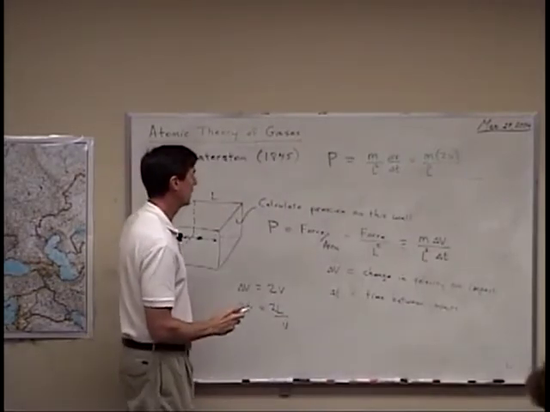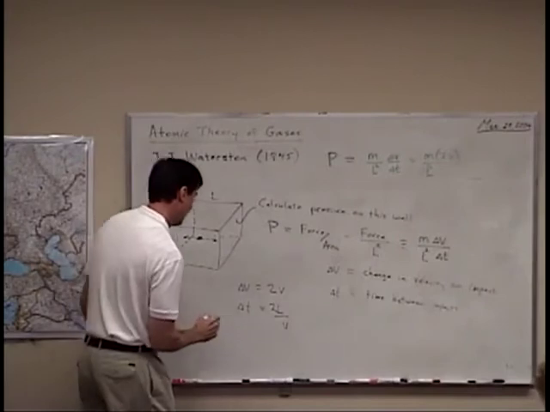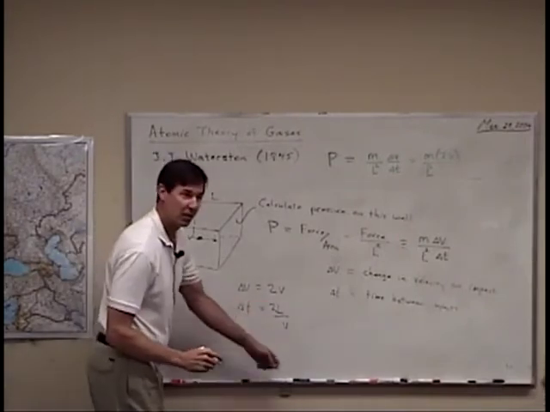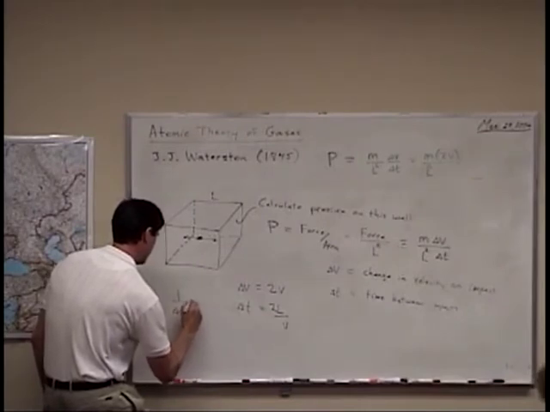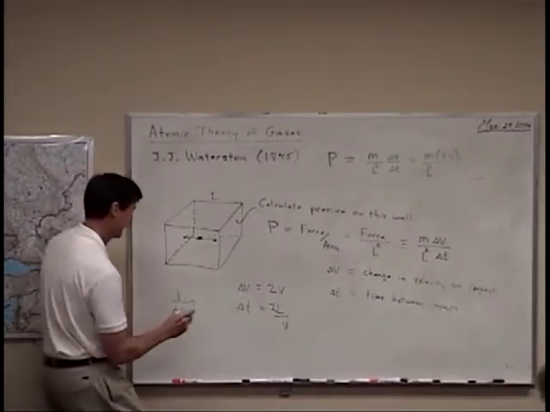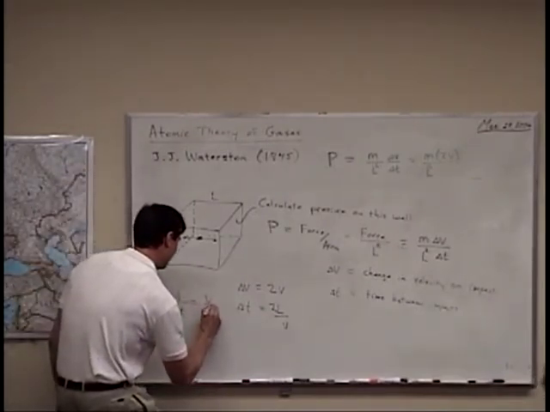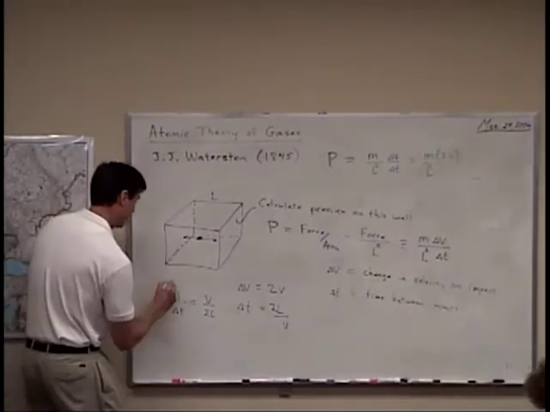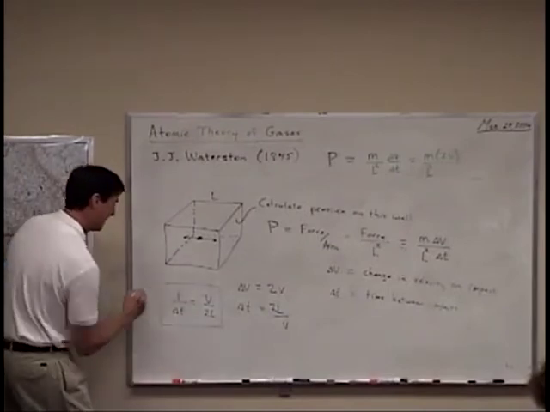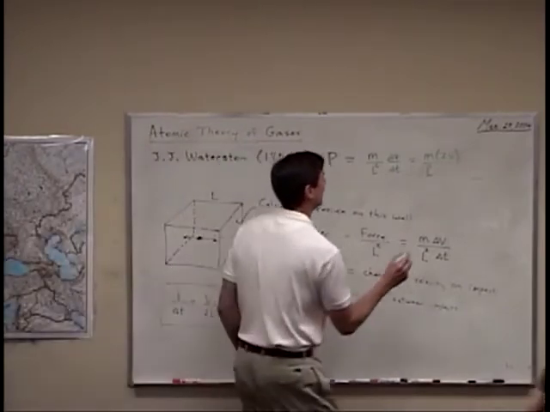And for delta t, well, let me do it this way. If delta t is 2L over V, 1 over delta t is V over 2L, right?